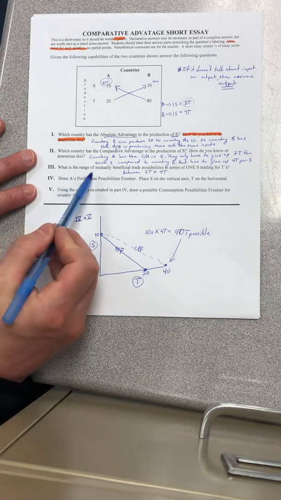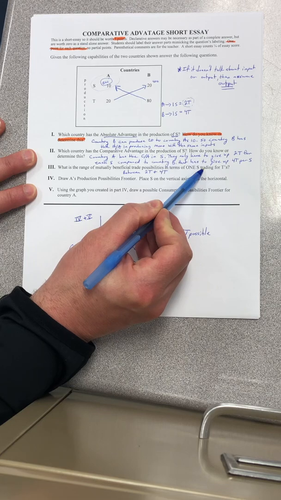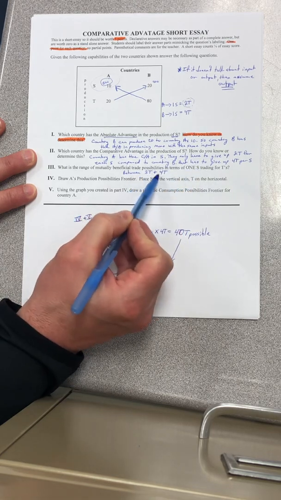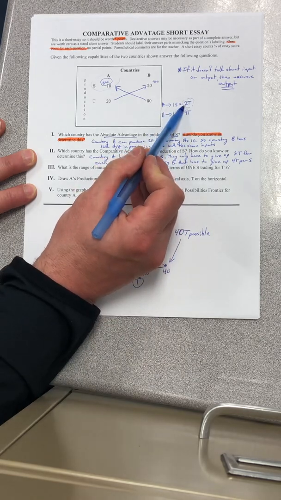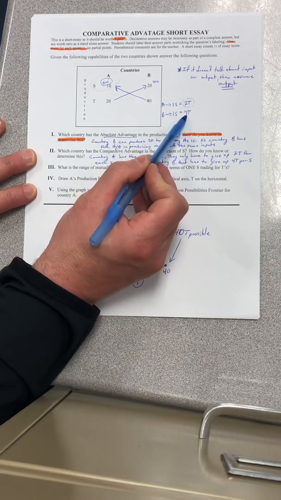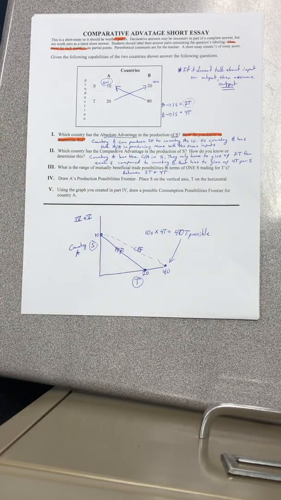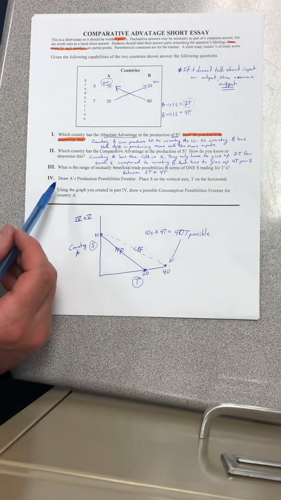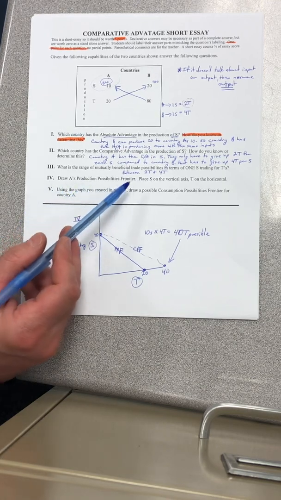Number 3, what is the range of mutually beneficial trade for 1 S? We just did that: between 2 and 4 T's, because country A usually has to give up 2, country B usually has to give up 4, so anywhere between those two or at those two, they would end up trading. Number 4, draw A's production possibilities frontier.